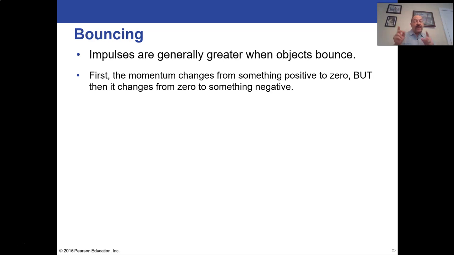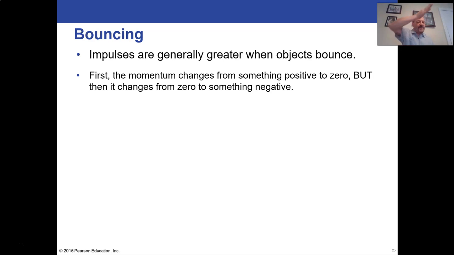Well, that's your final, minus your initial, so you'll end up with two minuses, minus 10 and minus 10. That's minus 20 kilogram meter per second. In other words, when you bounce something, you are doubling the change in momentum. It's double the momentum of either time. So the impulse is gigantic in a bounce.